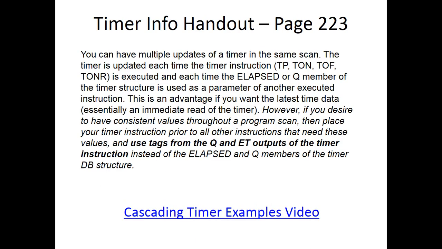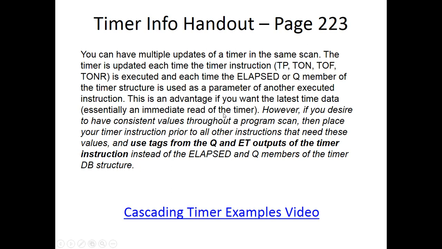Here's something that's very important. I'm just going to read this. You can have multiple updates of a timer in the same scan. Consider what that means. The timer can be updated multiple times in the same scan. So let's say I'm reading this, and this, and this, and let's say the timer is here. It could get updated.